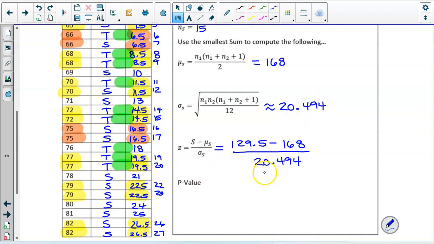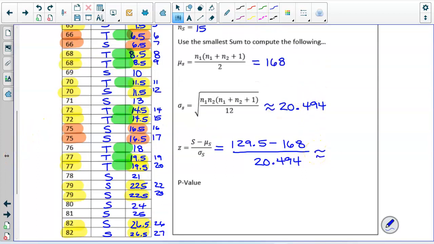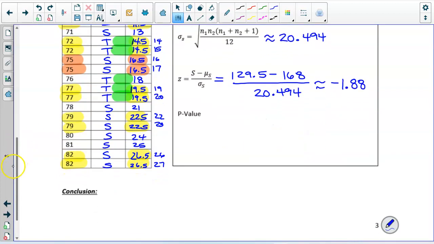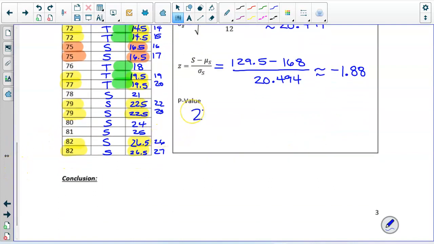All right, everybody good? Nobody needs to see it? Just make sure you use the smaller of the two for the sample size, okay? When we plug those values in, we get a z-score after you round of about negative 1.88. Okay? So then you go to second bars, norm CDF.